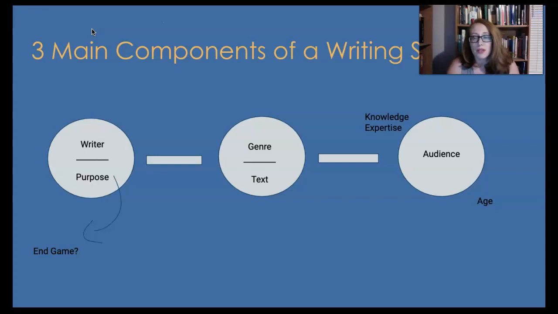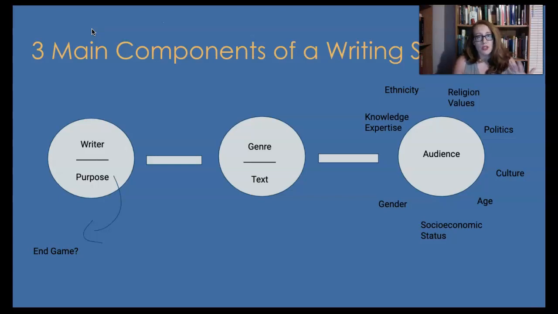I'm going to throw in a couple of other characteristics. Ethnicity, religion, values, politics. With religion, it could be, does your audience have a specific religion or tend toward a specific religion? Or if not a religion, a specific set of values that might make them interpret the information a certain way, or feel a certain way, or have a certain concern about the issue.